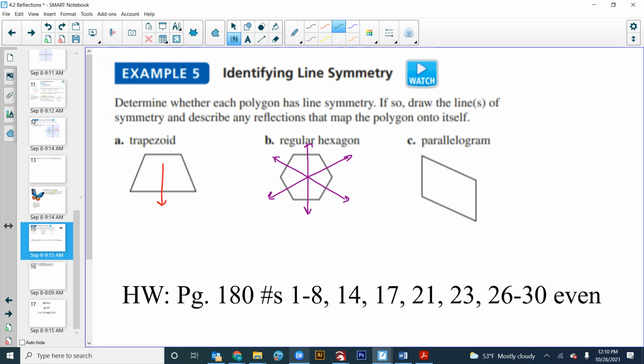So I guess the directions did say draw the lines of symmetry and describe any reflection. So maybe I would describe, if I want to get really nerdy, I would say all these purple lines of symmetry go through the midpoints of the sides of the polygon. Correct? Line through the midpoints of the sides.